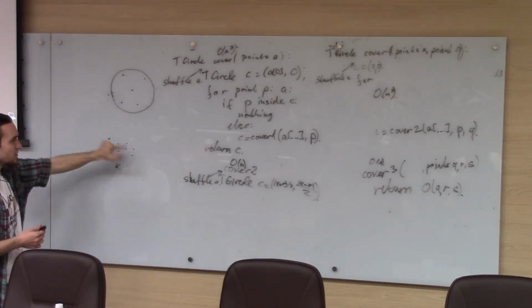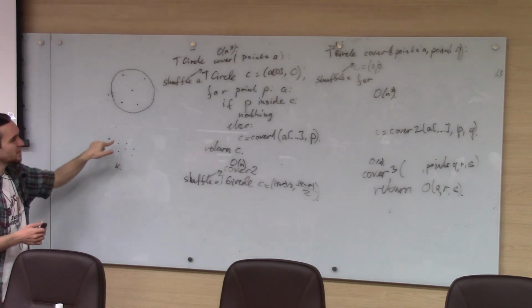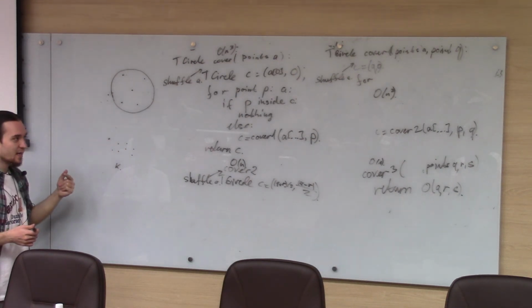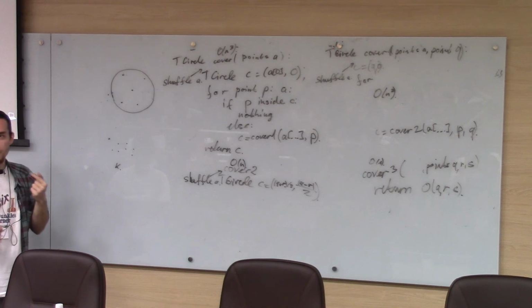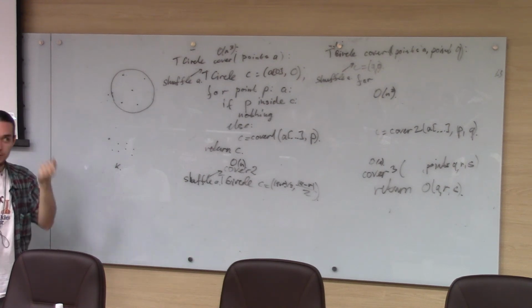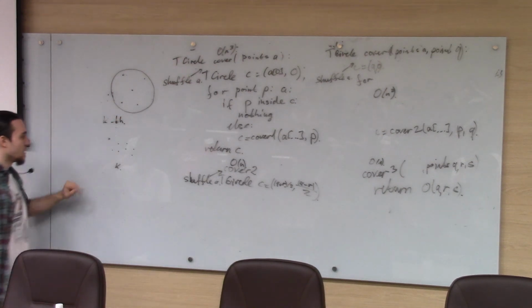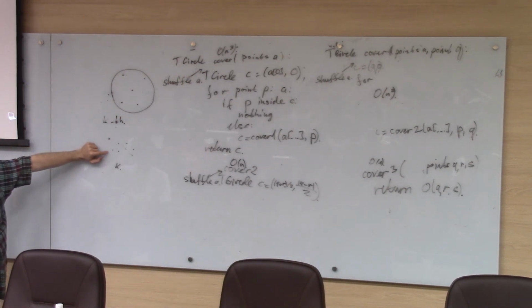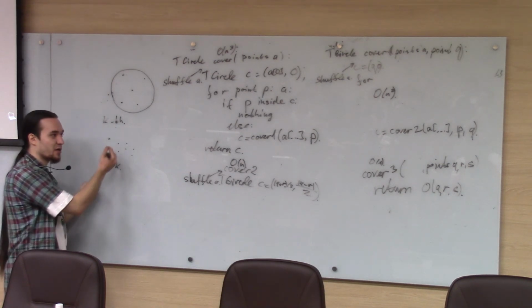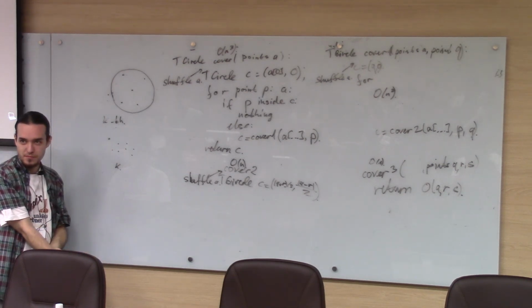Anyway, so assume that some k points are the first, and we are going to consider the last point, right? Because we only care about the kth iteration. Which of these points is going to be the last is random, of course, and all of these points are equiprobable to be the last point, right?